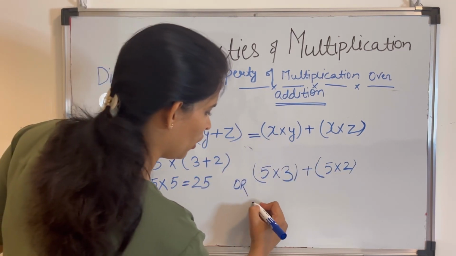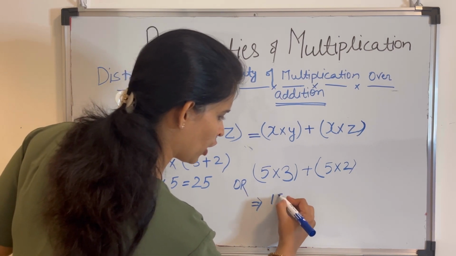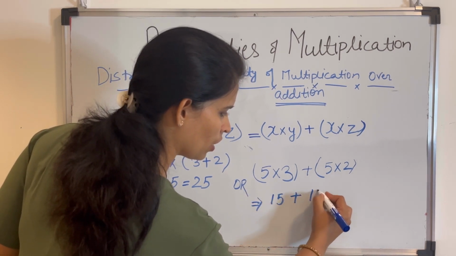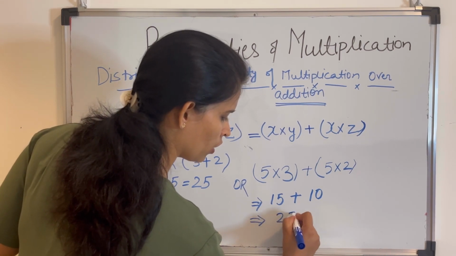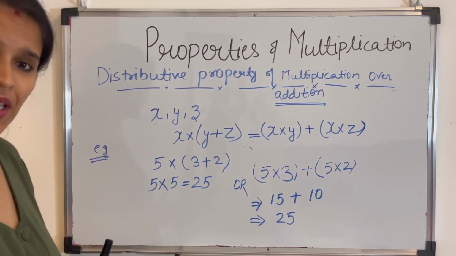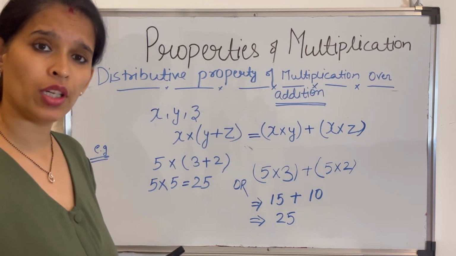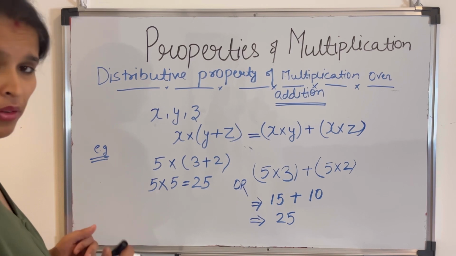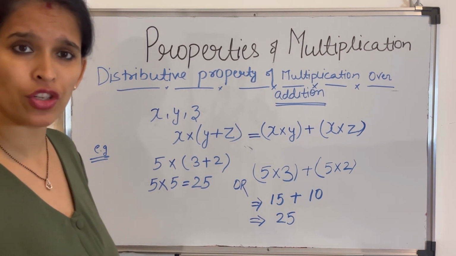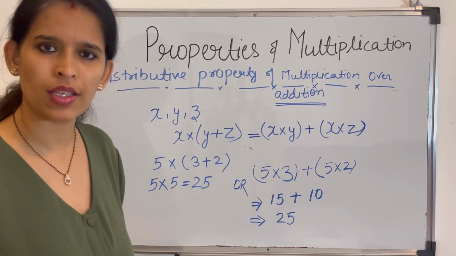So 5 threes are 15 plus 10, which means 25. The solution is the same, but the examiner may ask us to solve through the distributive or the normal way. So you just have to pay attention to which method they are asking.